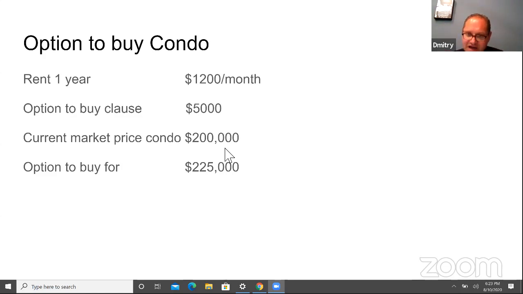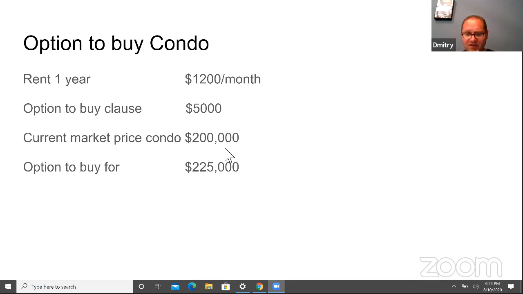Now, also, there are two types of options. Most of them are American exercise options, and some are European, right? So what is an American option? That means I get the right to exercise my right anytime between now and expiration.